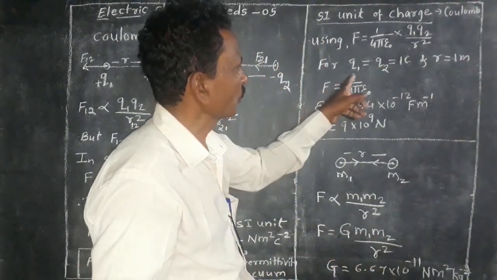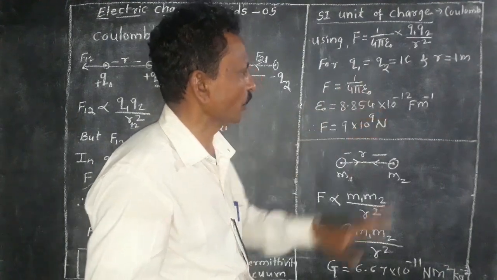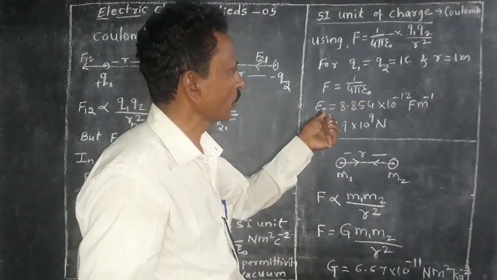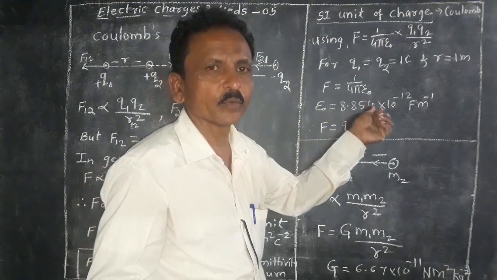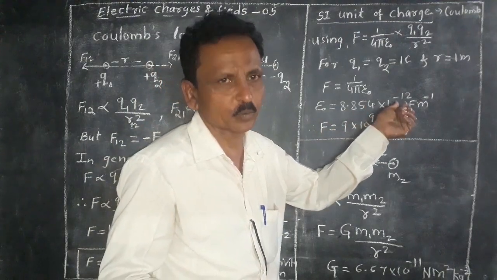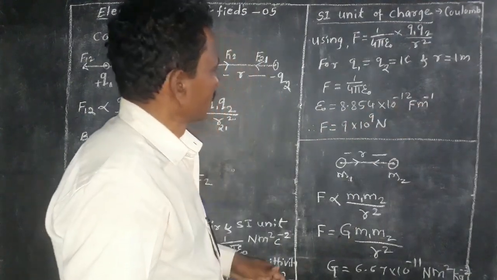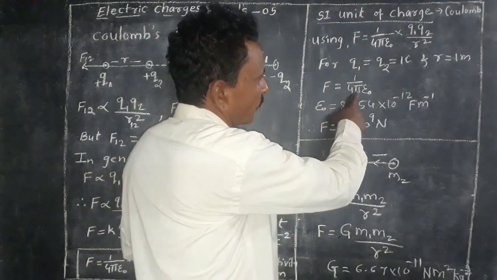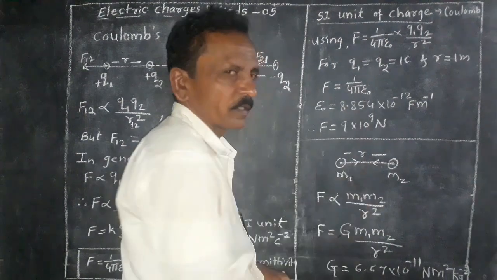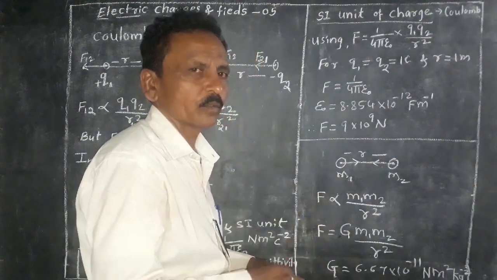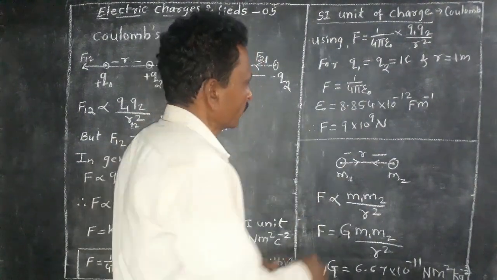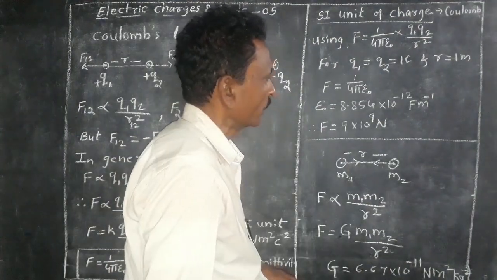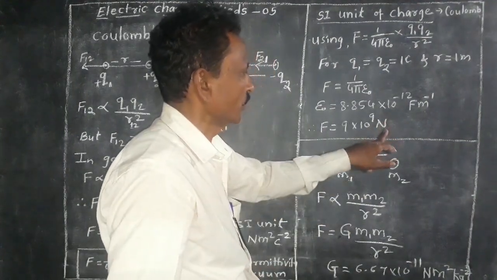Hence F equal to 1 upon 4 pi epsilon naught, where epsilon naught equal to 8.854 into 10 to the power minus 12. Substituting all these values, 4 pi is 3.142, epsilon naught is 8.854 into 10 raised to minus 12, we get F equal to 9 into 10 raised to 9 Newton.